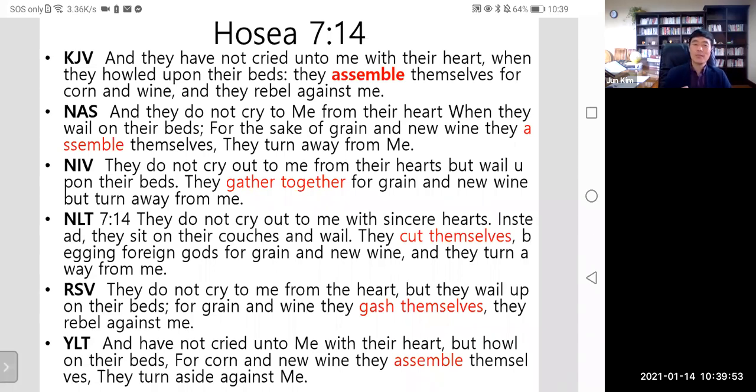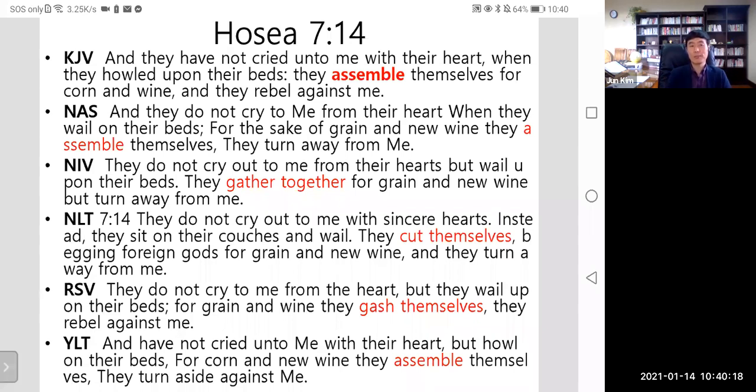So foreign gods is an additional interpretation, an inclusion. In terms of literal translation, I think we cannot really see it here. So look at YLT: they assemble themselves for corn and new wine. Anyway, what is the theological significance of the difference between them?